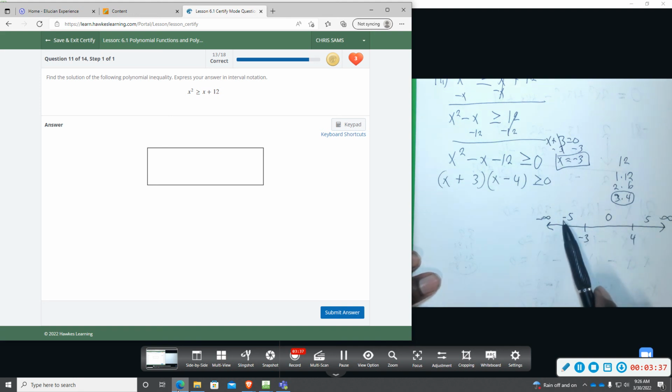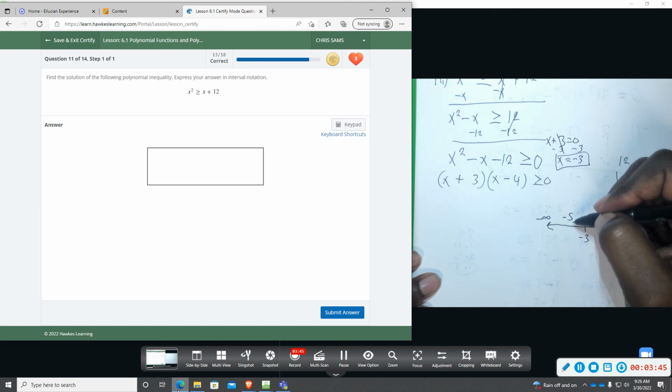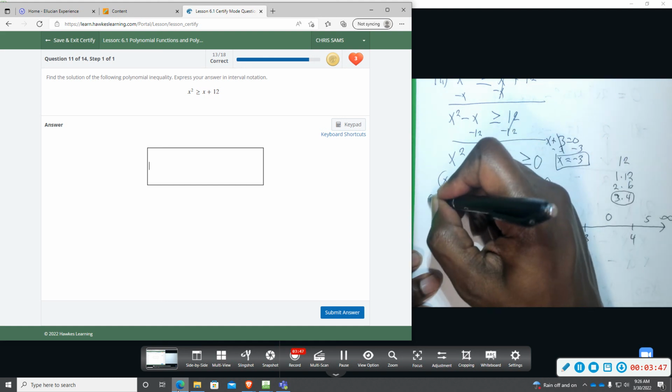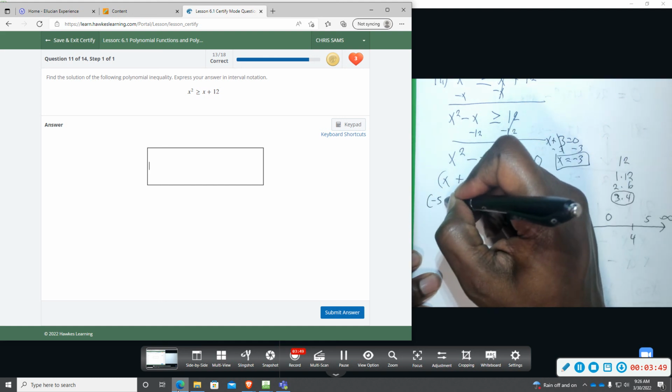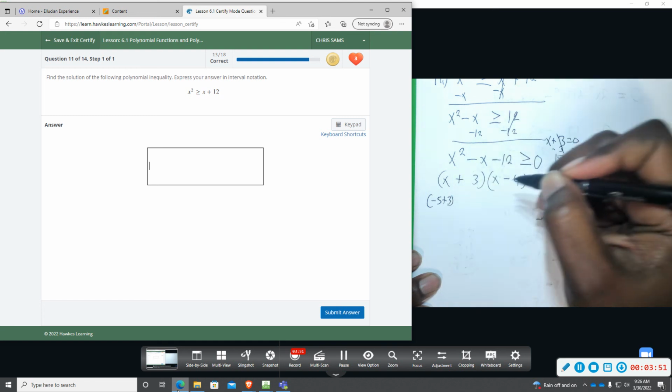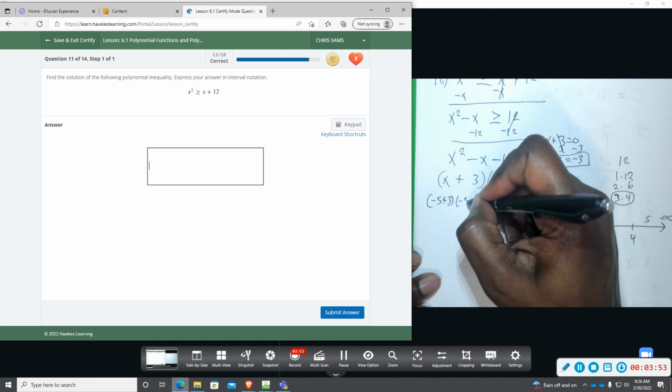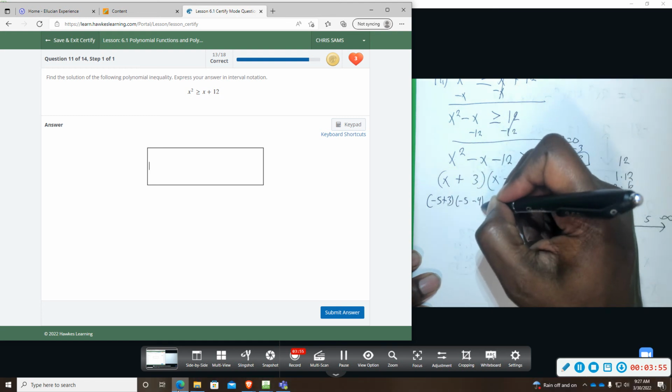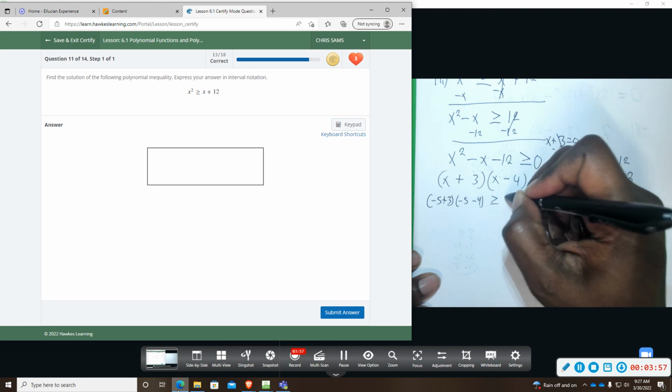What we're going to do is plug these numbers in for x and see if we get something greater than 0. So if I plug in a negative 5, I have a negative 5 plus 3, and then I have a negative 5 minus 4. Is that greater than or equal to 0?